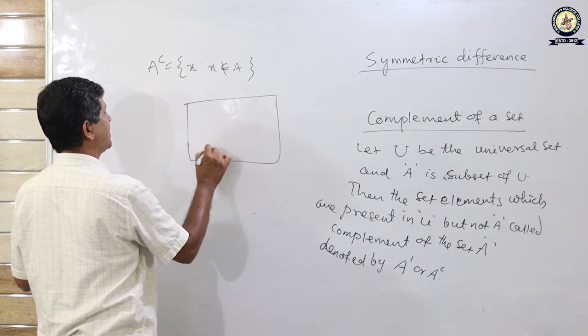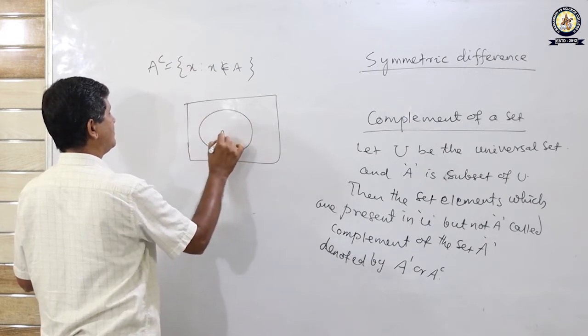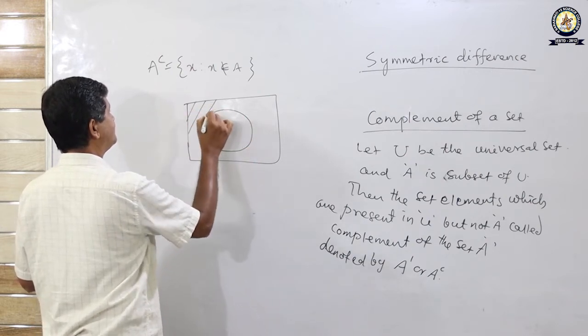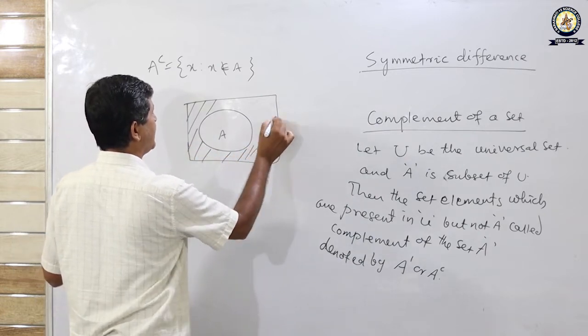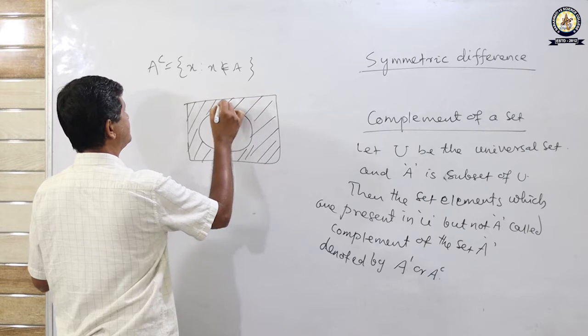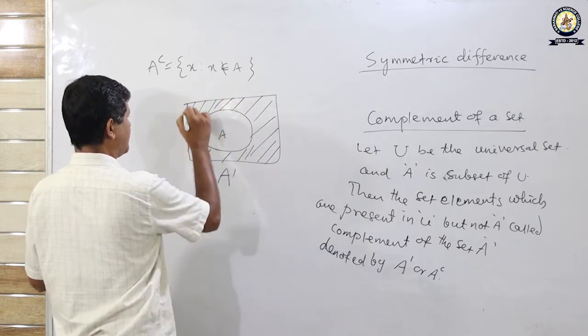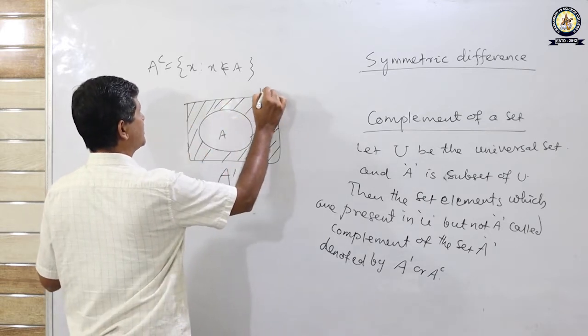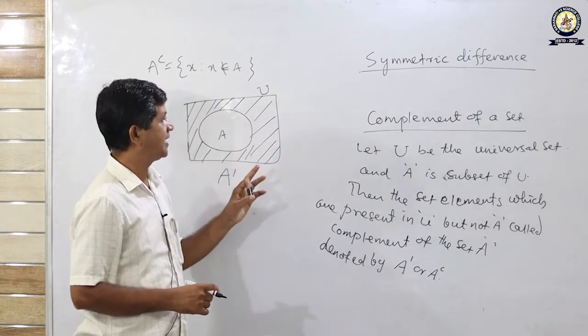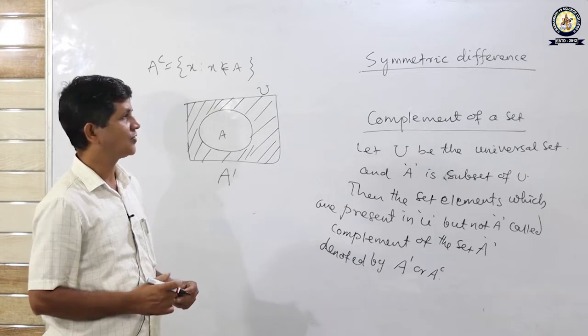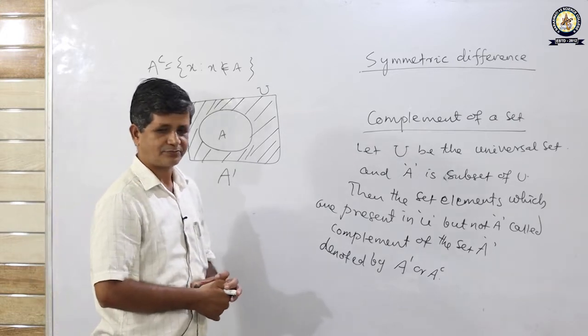This is the set A, and this part is A dash. This whole set is the universal set U, and the dotted region outside of the set A is called A dash, or the complement of the set A.